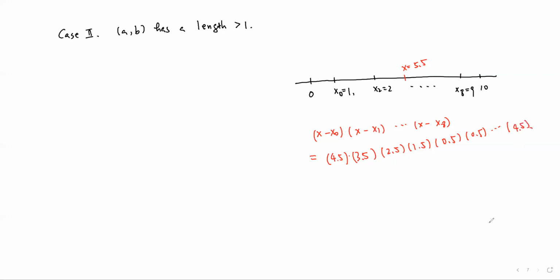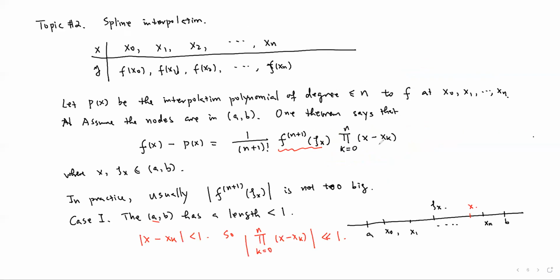So this number is greater than 1, large. Especially when n is much larger than 1, this product will be huge. As a result, the approximation of the polynomial to the function f is very bad.